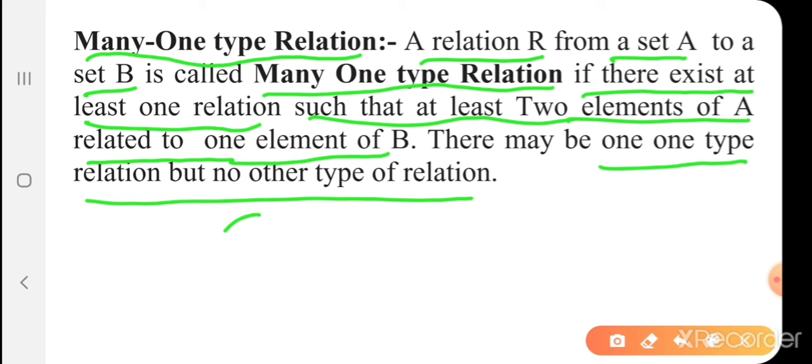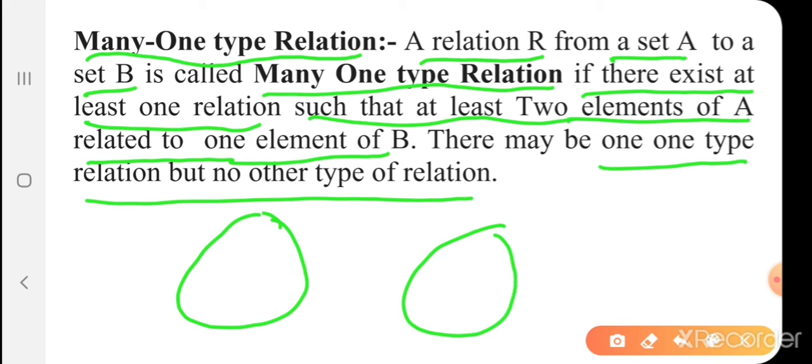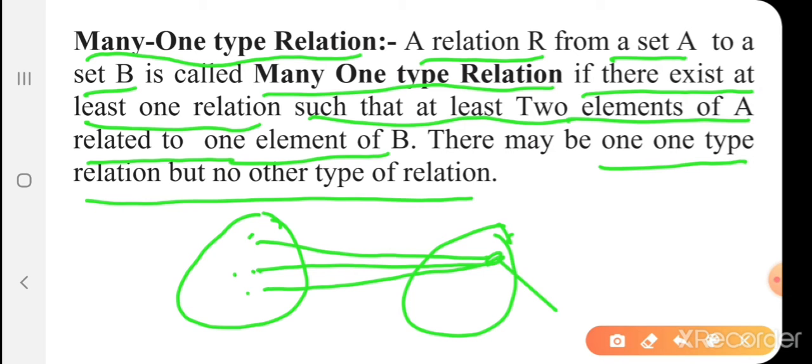You see, this is set A, this is set B. Now that will be many one. Here, these three elements are related with only one element. That is called many one. So this is many, one to three, related with only one. There may also be one type relations, then no problem.